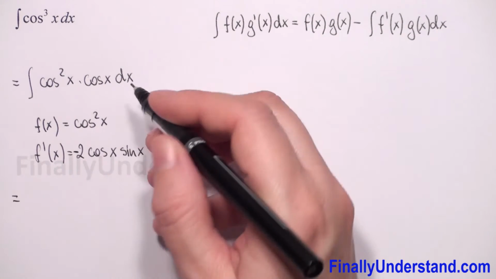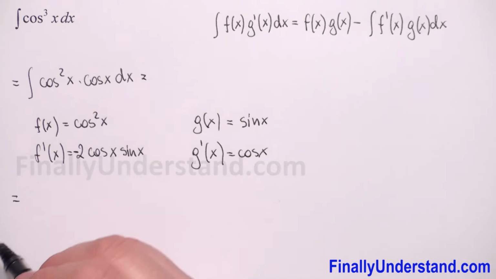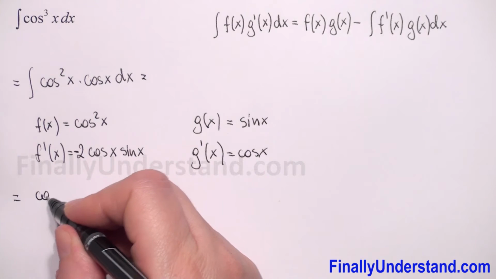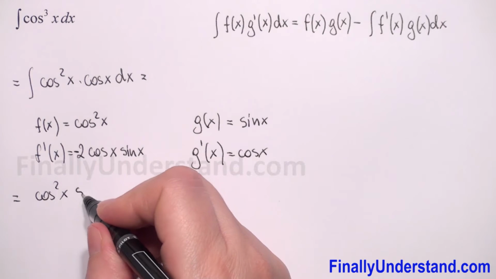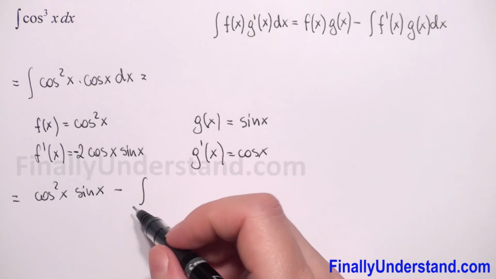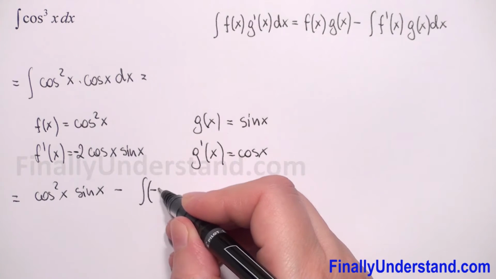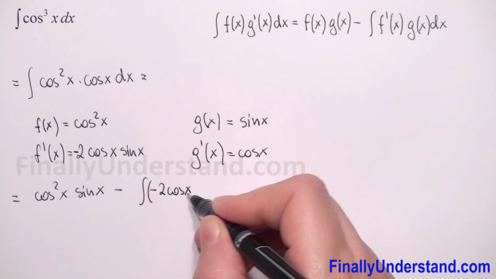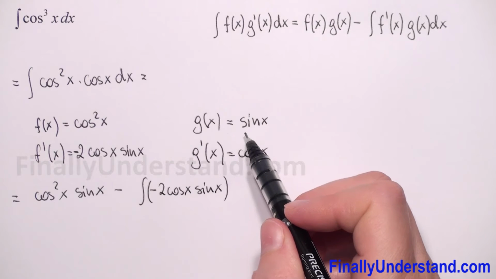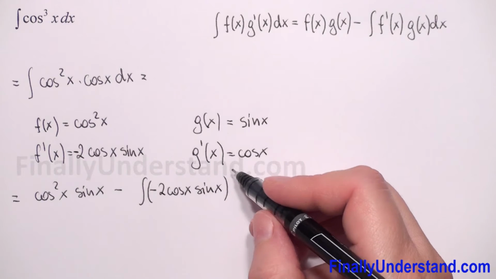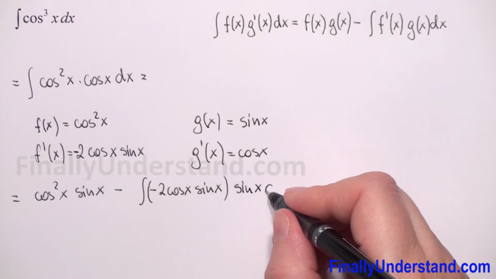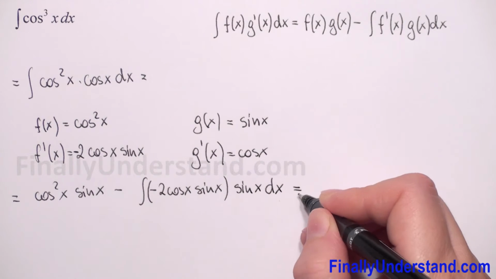We have: first f times g, so it will be cosine square of x times sine of x minus the integral of f prime, which is negative 2 cosine of x sine of x, times g. G is equal to sine of x, and with respect to x.